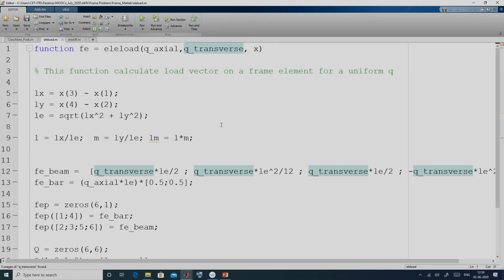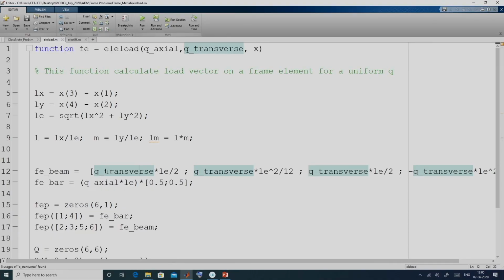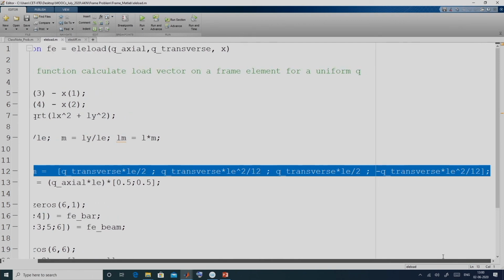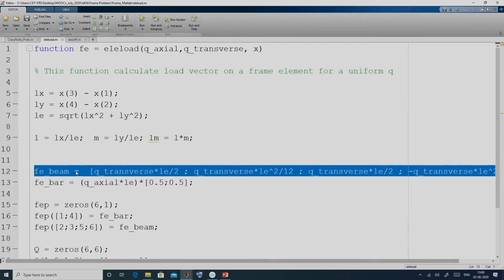So, you remember for beam element, for uniformly distributed load, that element load vector is QLE by 2, QLE square by 12, QLE by 2, minus QLE square by 12. So, this is your FE beam.